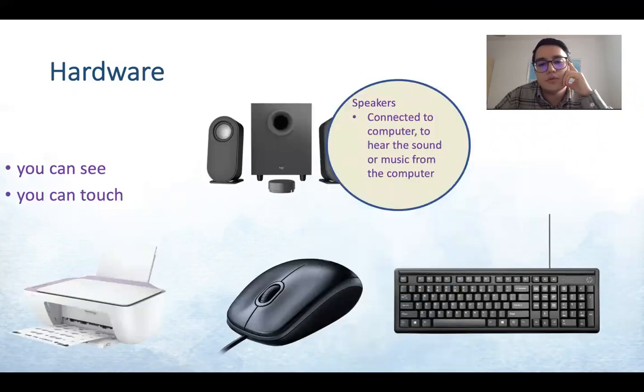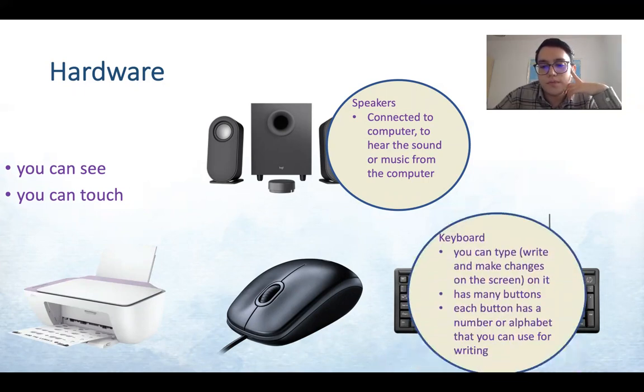So, for example, the speaker is there to connect to the computer and to hear the sound or music from the computer. The keyboard, you can type, write, and make changes on the screen. It has many buttons. Each button has a number or alphabet that you can use for writing.